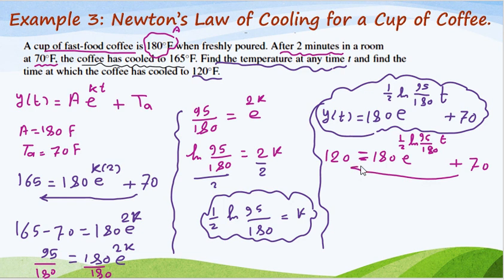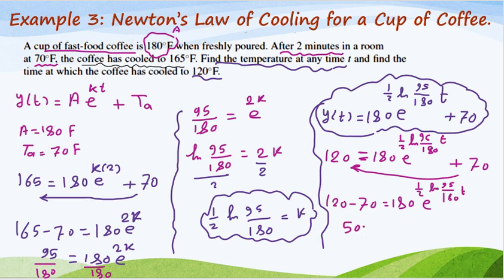We move 70 to the other side, changing the sign: 120 minus 70 is equal to 180 times e to the power half ln 95 over 180 t.